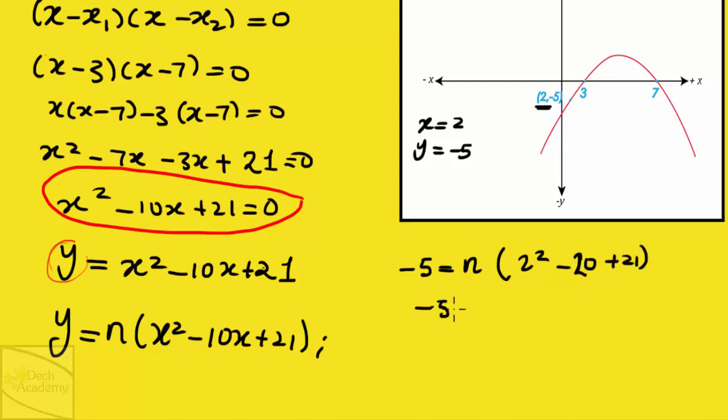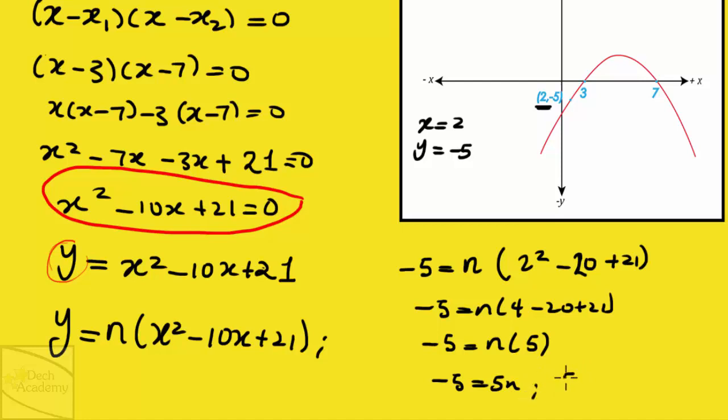And this gives minus 5 equals n times 4 minus 20 plus 21, which is minus 5 equals n times 5. So we have minus 5 equals 5n, which is the same as n equals minus 5 over 5, which is minus 1. So we've determined that n is minus 1, and the equation we're looking for is y equals minus 1 times x squared minus 10x plus 21.